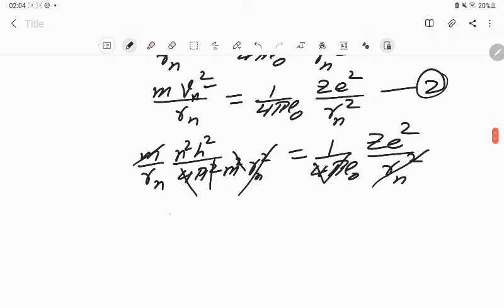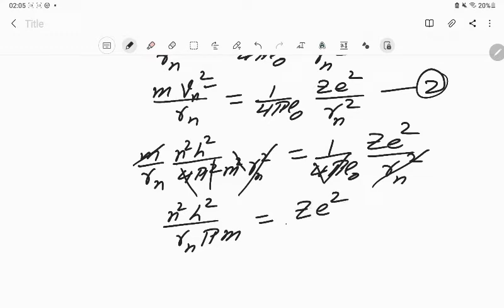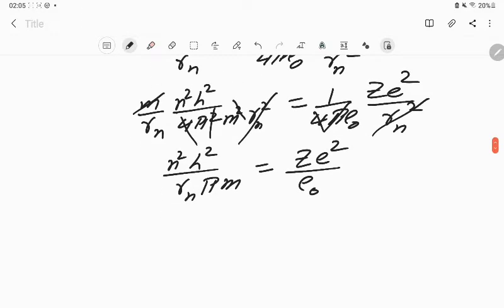So we will have n square h square by rn pi m equal to Z e square by epsilon naught. We have to find rn.